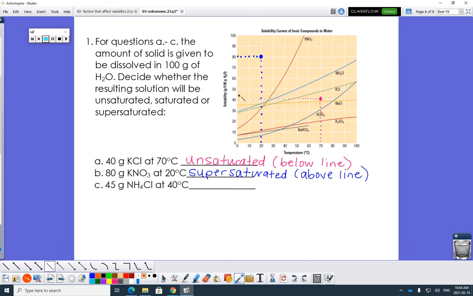So we're going to do 45 and 40. Even that I don't think was perfect, but I did my best.